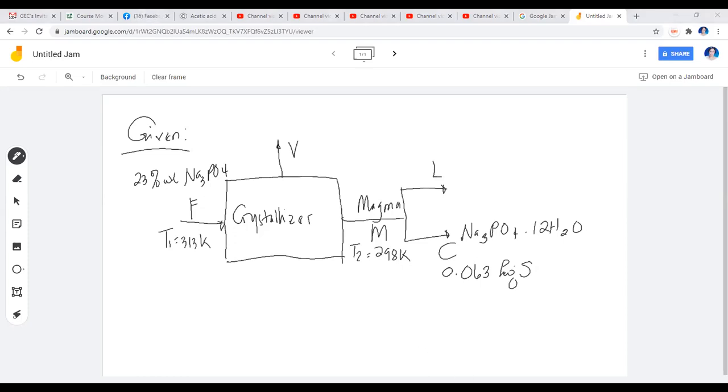So the problem stated that a solution containing 23% by mass sodium phosphate is cooled from 313 to 298 in the crystallizer to form crystals of sodium phosphate 12 water molecules. Okay, the heat capacity of the solution is 3.2. So it's stated here, it's 3.2 for the heat capacity.